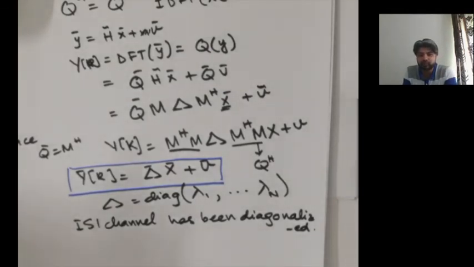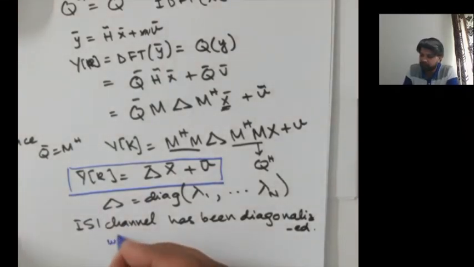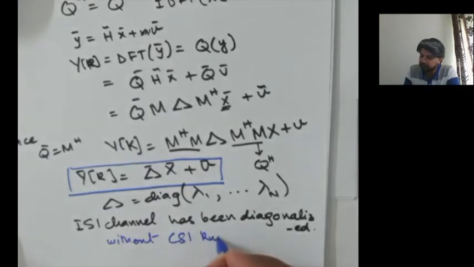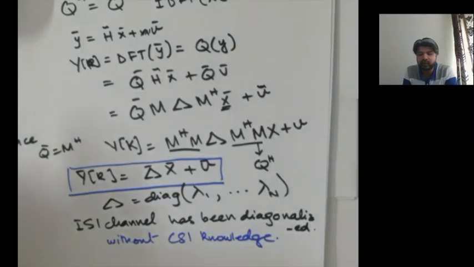That is the beauty of this, that you don't need channel side information. So without CSI knowledge, you have totally eliminated the inter-symbol interference here. So that is the beauty of OFDM. Thank you.